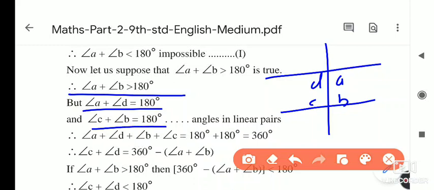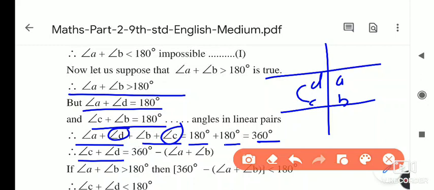If we add all these angles, A plus D and C plus B, with the right-hand side 180 plus 180, we get 360. Then we have to find the measure of C plus D. So C and D we keep here, and A and B we take to the other side of the equals sign.